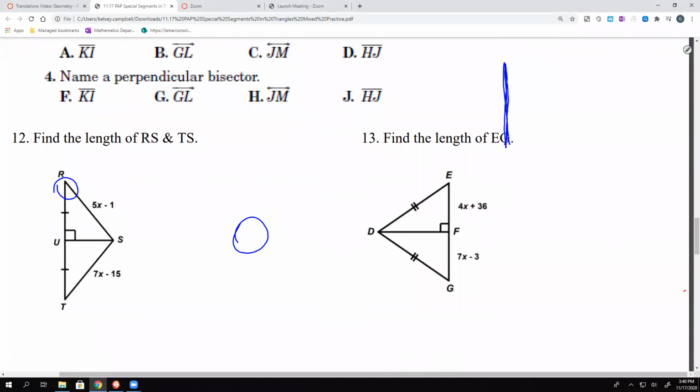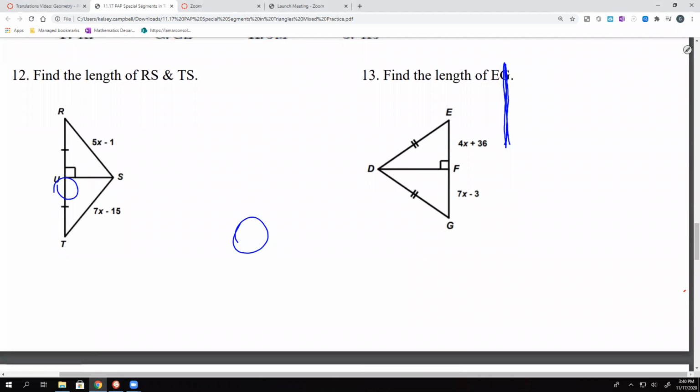Okay, so on our next one here, we can see they said we need to find the length of RS and TS, right? So what we have to do is we have to see SU is being a perpendicular bisector for RT.